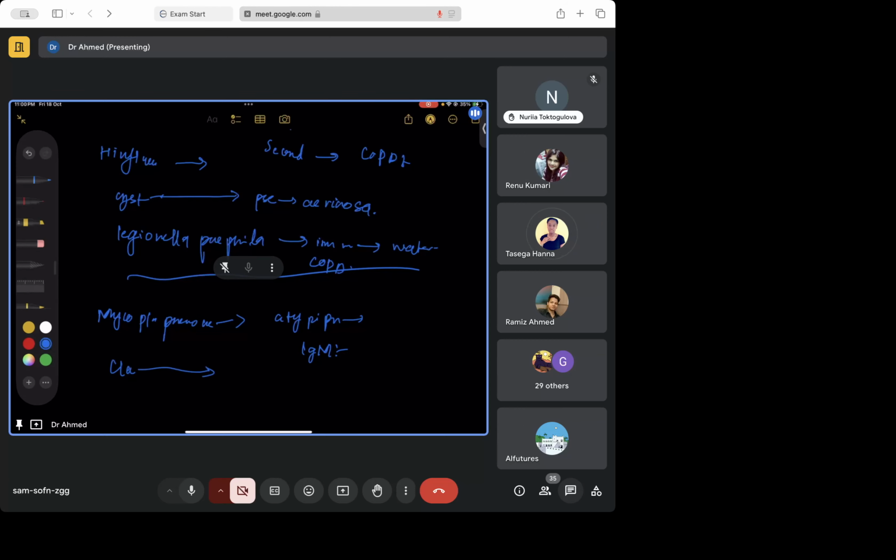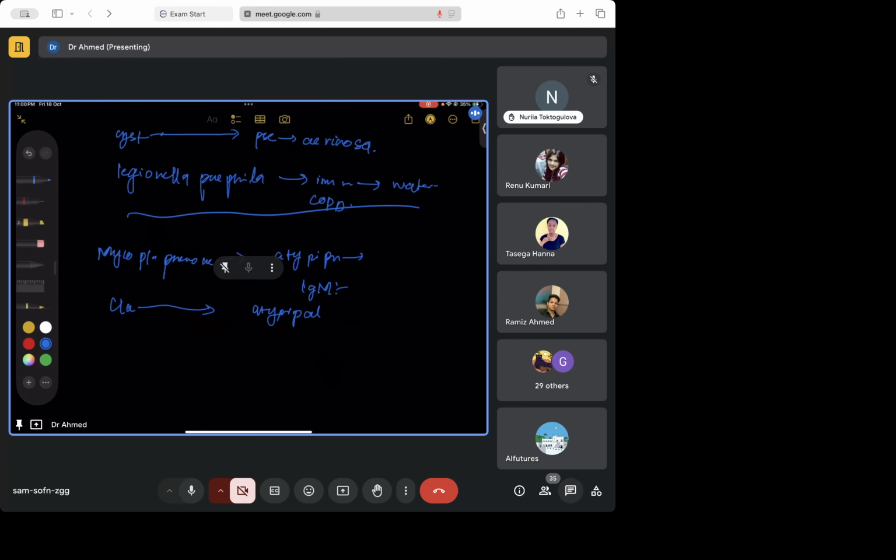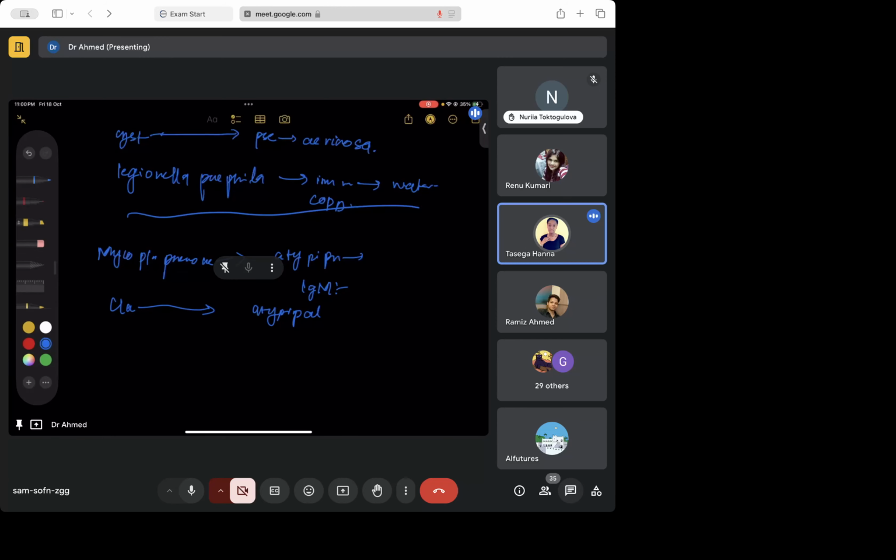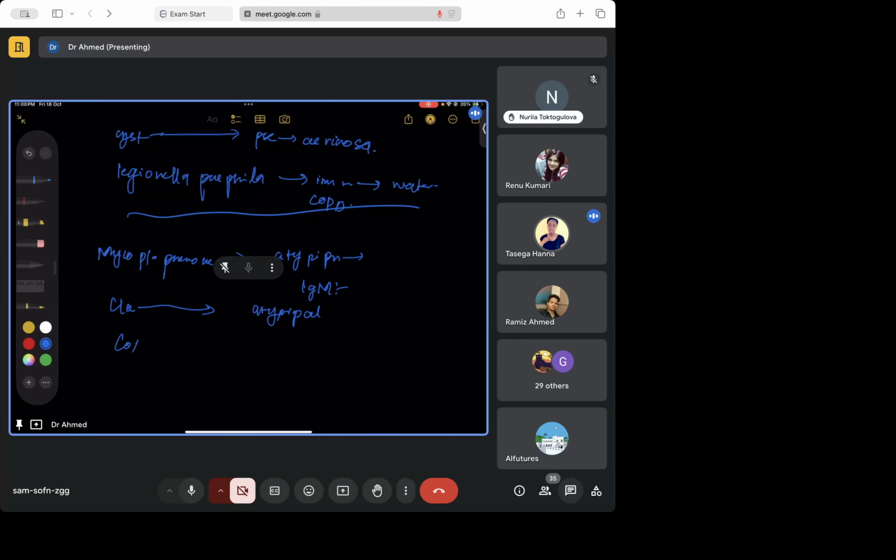Then we have chlamydia. Chlamydia also causes atypical pneumonia. Do it from the microbiology section, then you will be able to know the details. So those who don't know the details, don't worry about that. You are going to cover it in detail in the microbiology section. Then we have Coxiella burnetii.